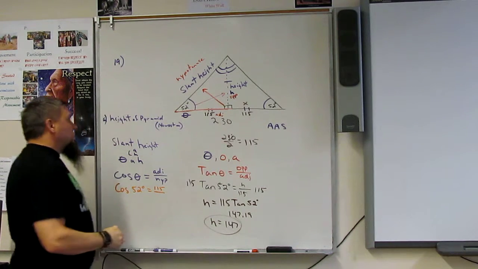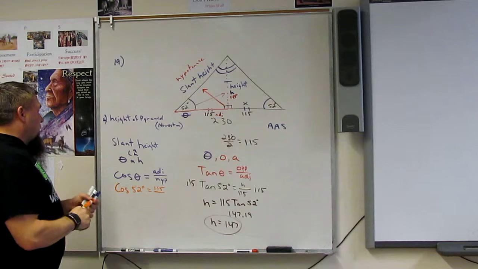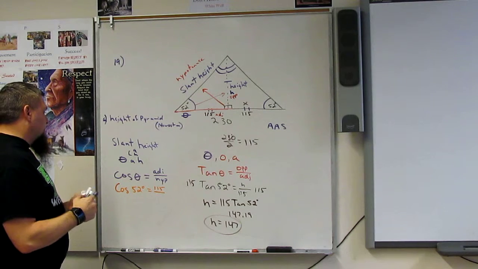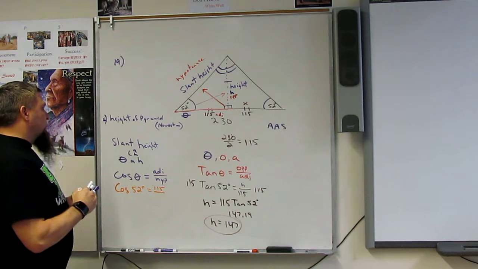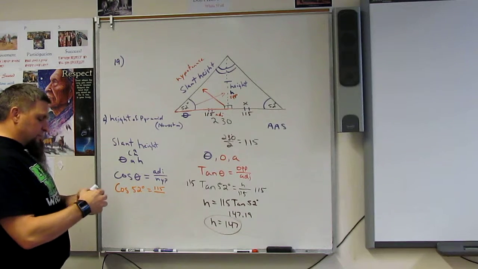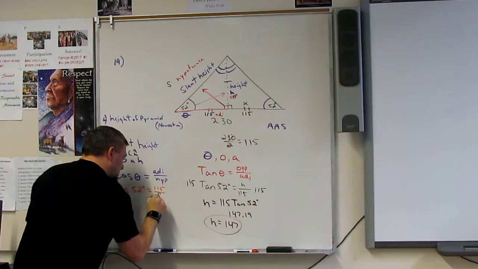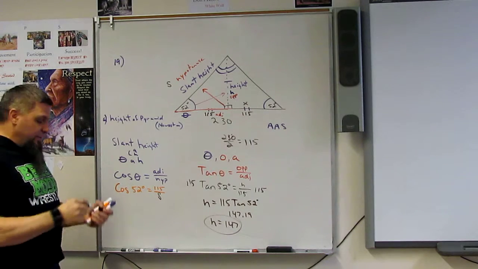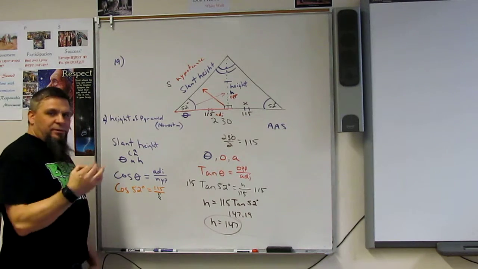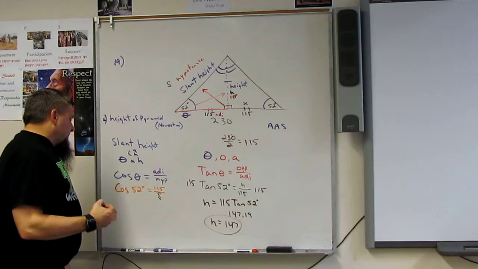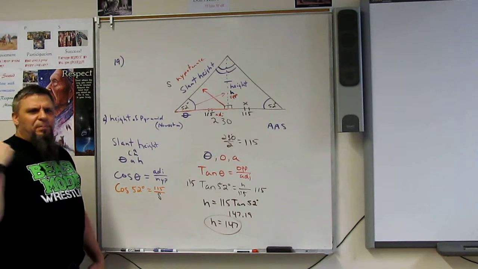So in this case, we got to give it a letter. We can call it S for slant height. Now, here's the thing though. How do I solve for this? Because S is on the bottom.